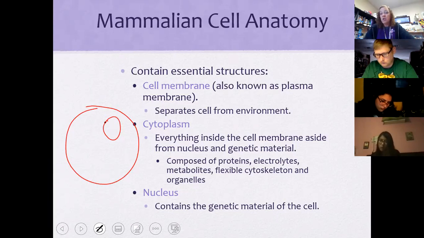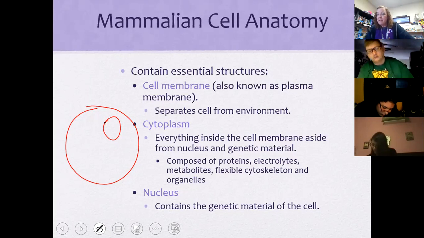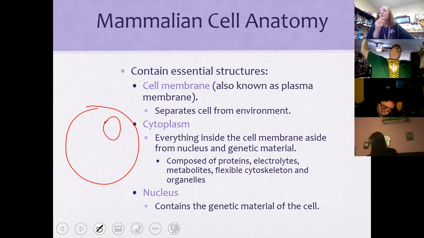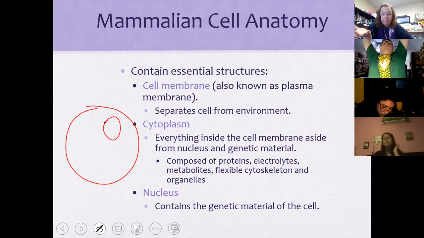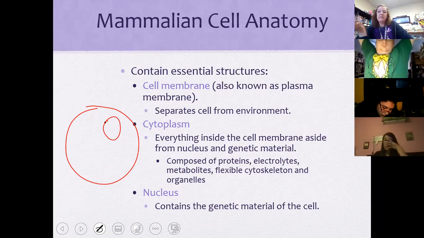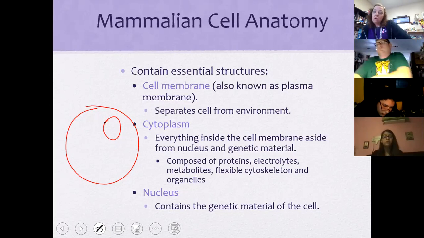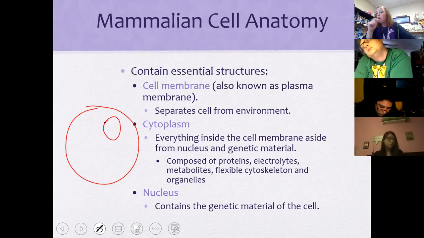I've got a little video I'm going to show you probably tomorrow of just how complex and complicated these cells are. We have a whole internal skeleton that helps to maintain the shape. And then we get a whole secondary skeleton that helps the cell to change its shape. We have guide wires that the organelles can attach to and move around. And so the cytoplasm, super, super complicated.